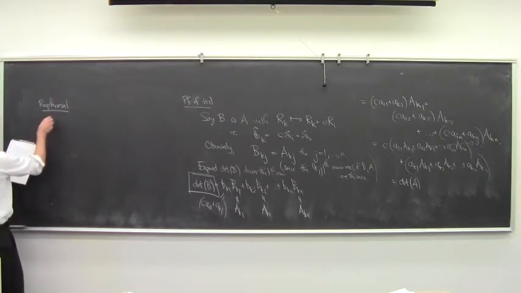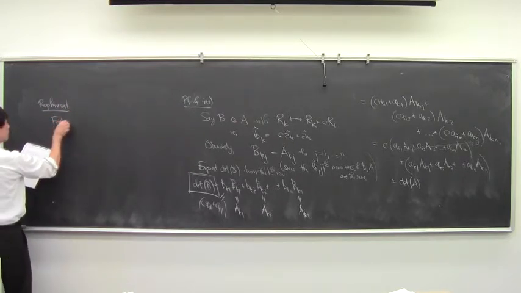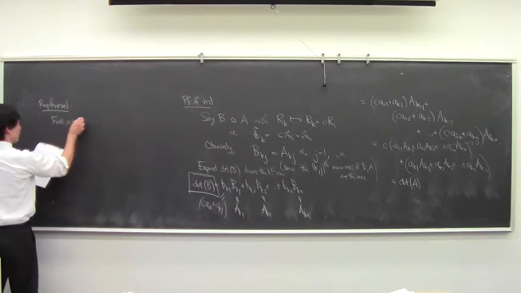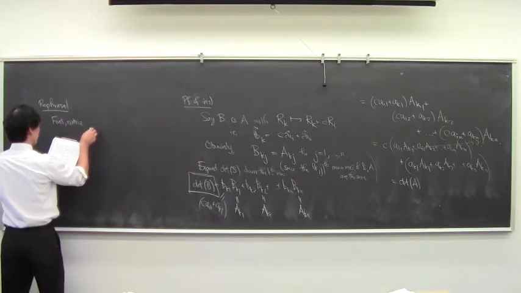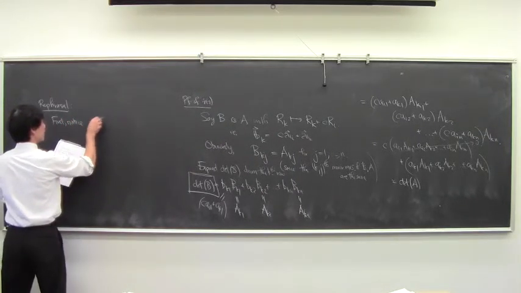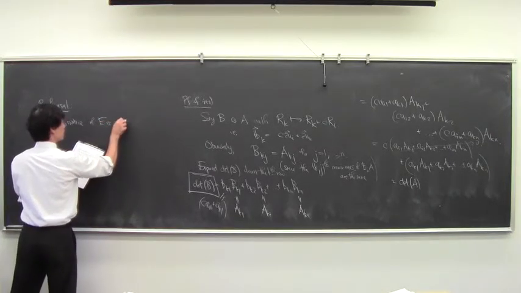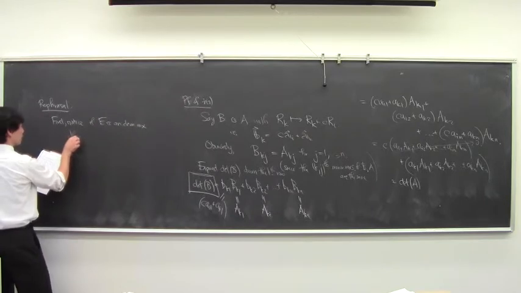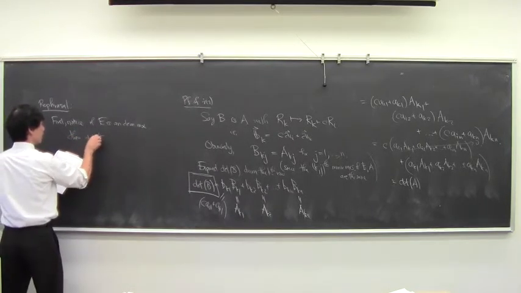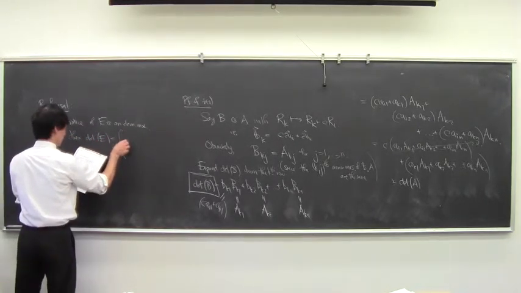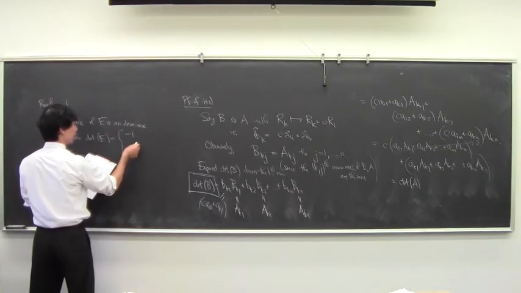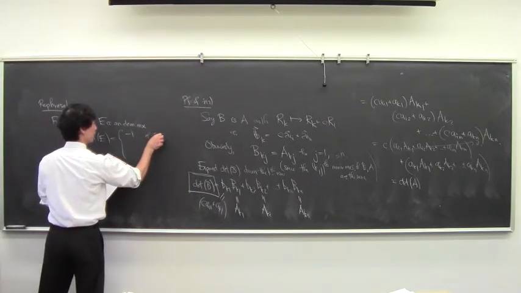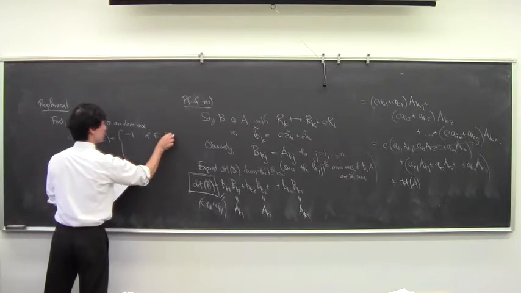So first notice that if E is an elementary matrix, then the determinant of E is going to be -1 if E effects a switch.